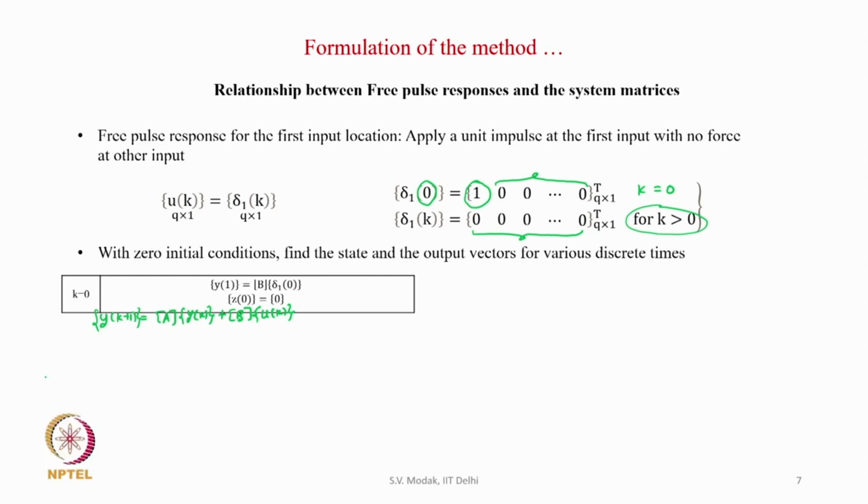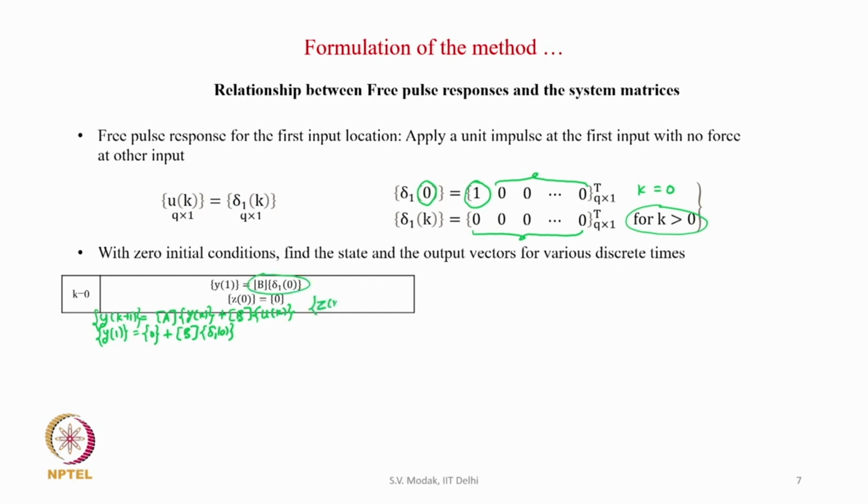Now when we substitute k equal to 0 in this equation, what would we get? We would get y1 equal to a vector of zeros, because y0 is 0, plus B into u0, and u0 is nothing but delta 1 0. So, that is why we get y1 as B into delta 1 0, correct.